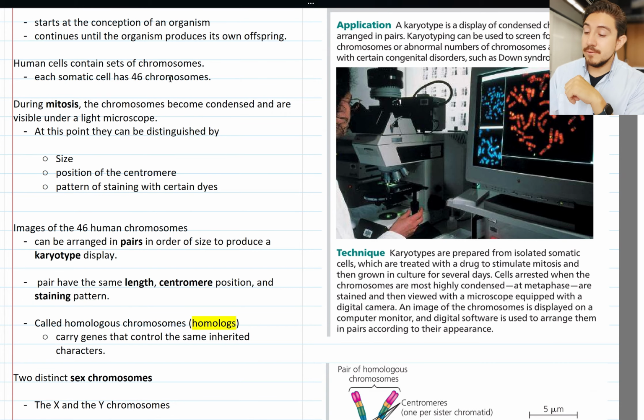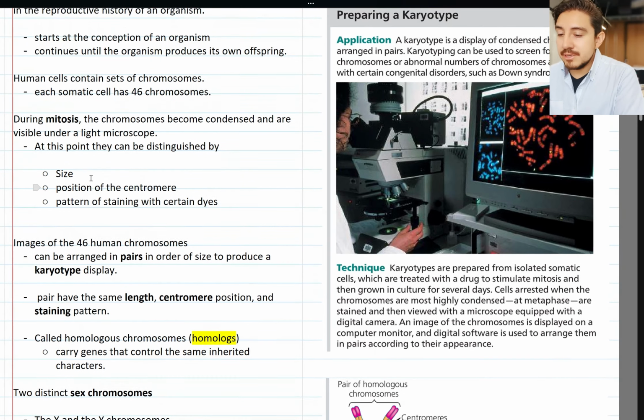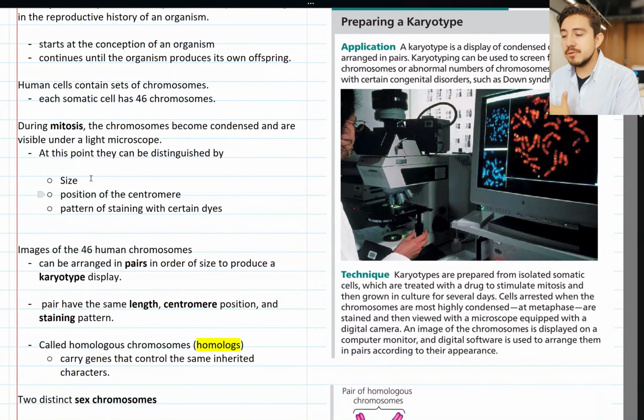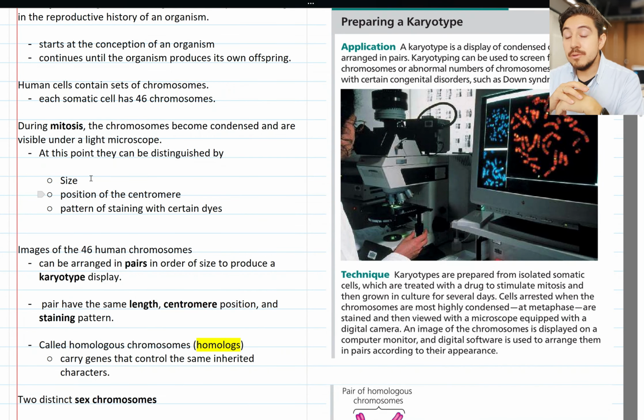What's interesting is that scientists were able to figure out these processes because during cell division, the DNA becomes highly condensed. So much so that scientists have figured out a way to sort the chromosomes, and they can be distinguished from one another by their size, the position of the centromere, and the patterning of staining if you were to use certain dyes.